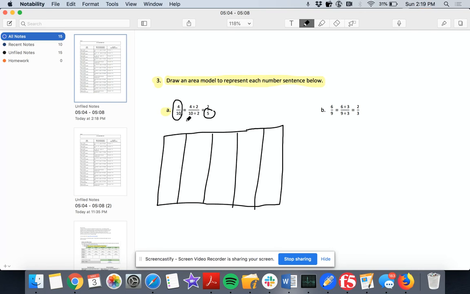But I can't stop there because I have 10 pieces total. So I'm going to draw just one horizontal line from left to right. And now I have 1, 2, 3, 4, 5, 6, 7, 8, 9, 10 pieces. And since 4 is my numerator, I know that 4 of those pieces are shaded in. 1, 2, 3, and 4.